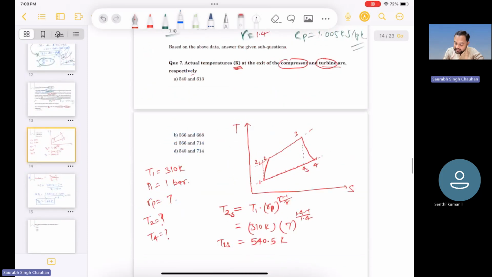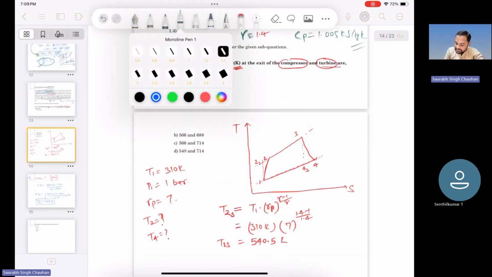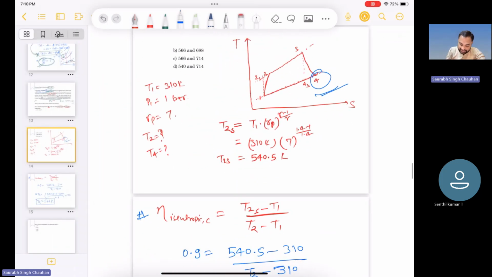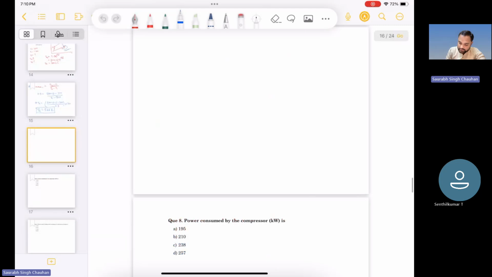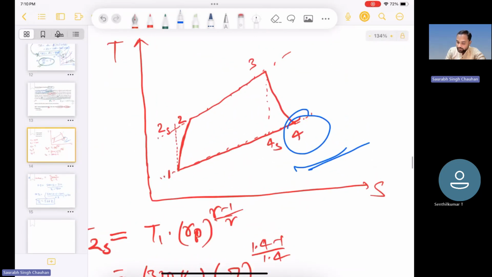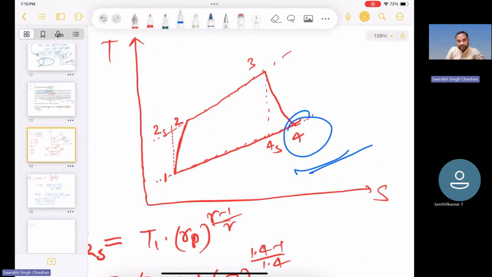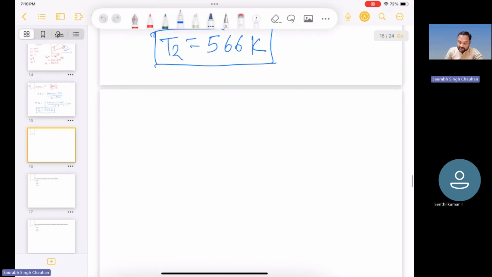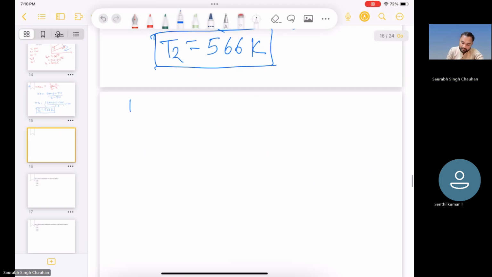So we need the temperature at turbine exit, and turbine exit is at 4. So we need T4. So we can proceed in the similar way, right? If it was an isentropic process, then we could have used the adiabatic relation. But since it is not, first we should find T4S, that is for the ideal case, and using the isentropic efficiency that is given, we can find T4.